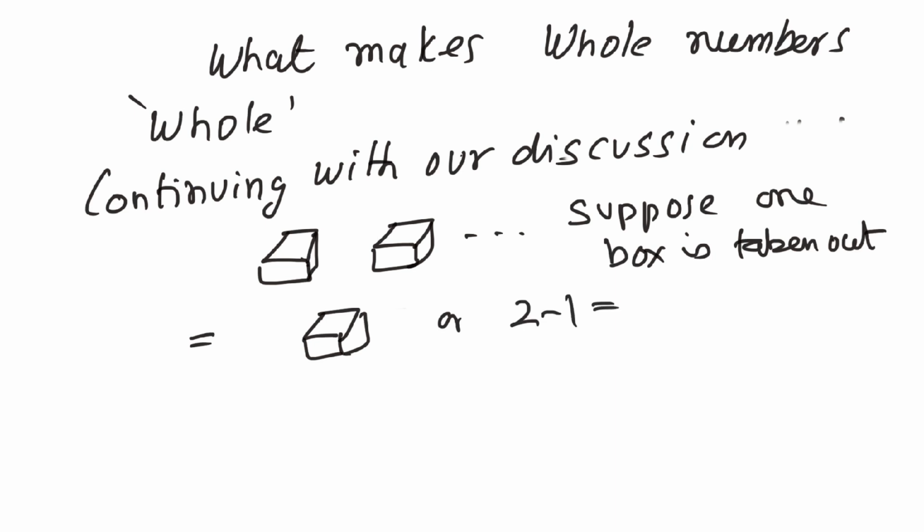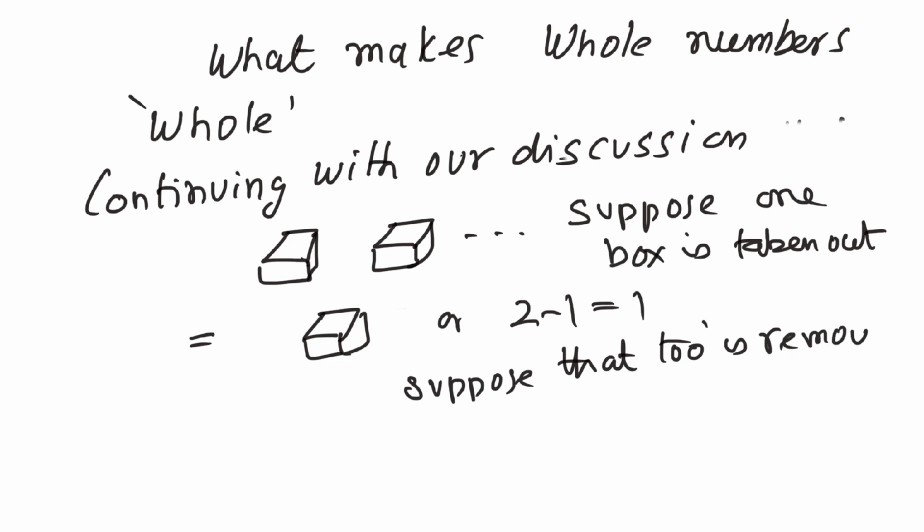Of course, it's 1. Now, let's continue the process and remove that box also. Now, how will we represent the fact that there's no box left, or that there's nothing to count? So there's no box, or basically 1 minus 1 is 0.